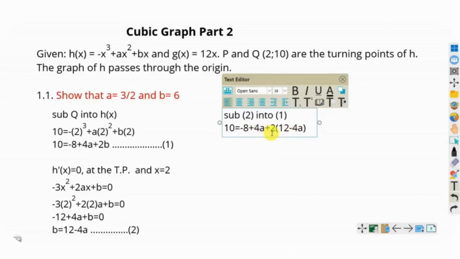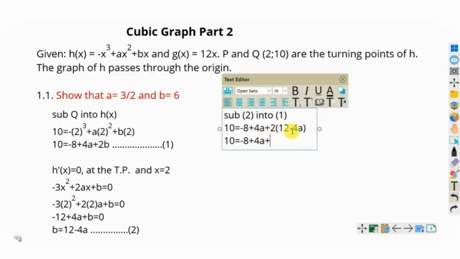So when you solve for a here, to simplify, okay, let me expand this, it's going to be that 10 equals to negative 8 plus 4a plus 2 multiplied by 12 is 24.